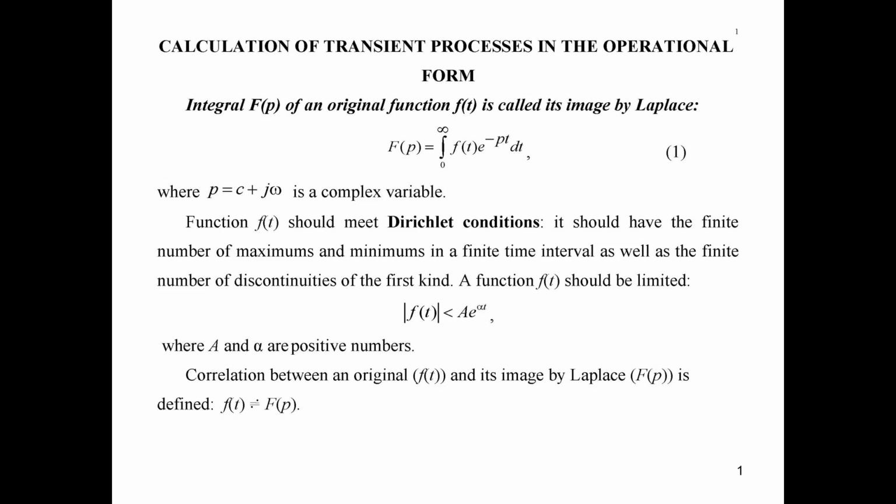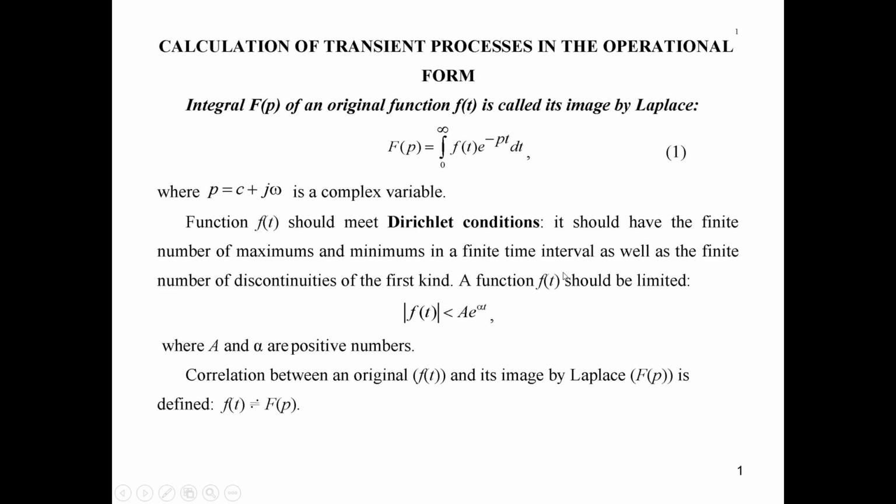It's my task. So Dirichlet conditions mean that this function f from t should have a finite number of maximums and minimums in a finite interval as well as a finite number of discontinuities of the first kind.